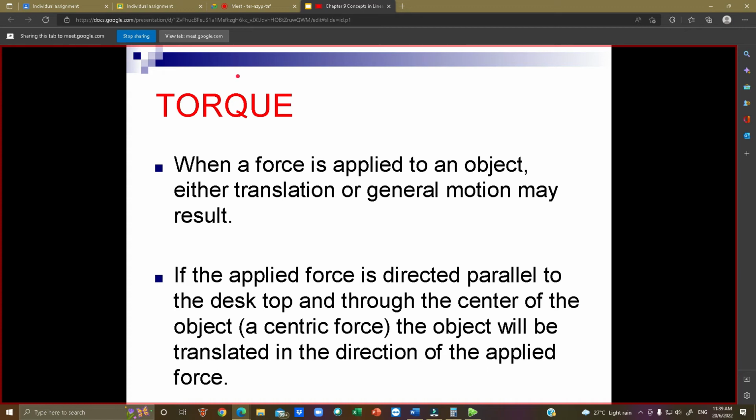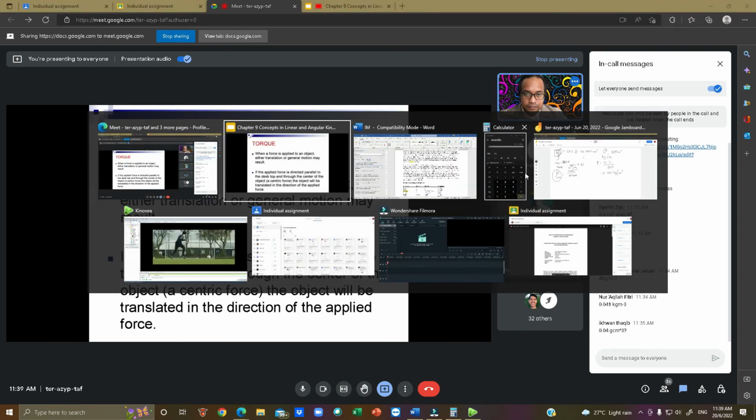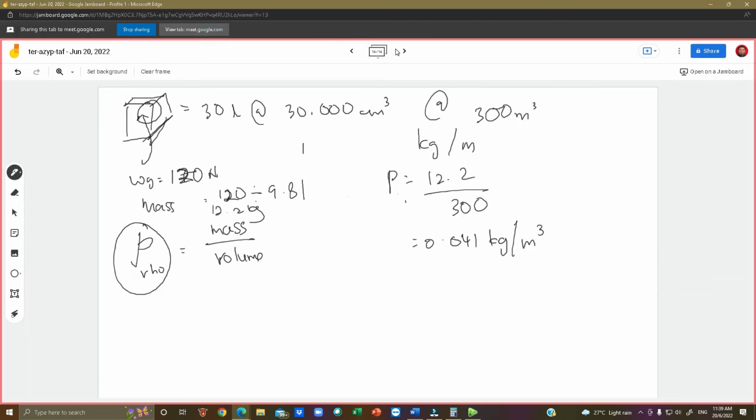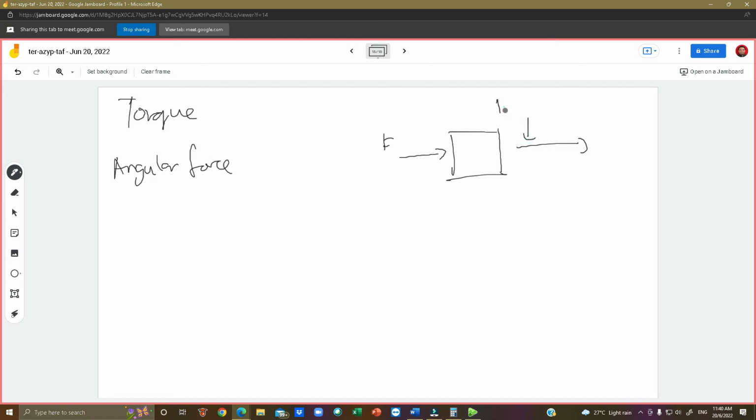This is also force. But what is the difference? When we talk about torque, T-O-R-Q-U-E, it is actually angular force. So kalau kita ada satu benda, we inflict force, it will cause this object to move. This movement is known as linear motion ataupun translation.